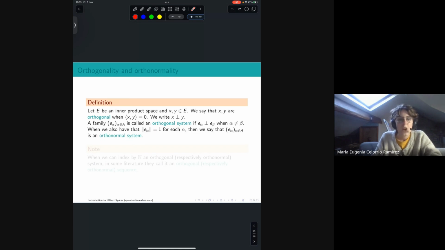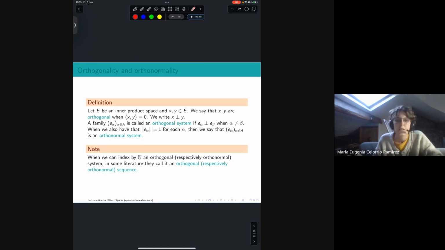When we also have that the norm of all those elements is 1, so they are normalized, we talk about an orthonormal system. So whenever you see orthonormal, it means that the elements are orthogonal between themselves and they have norm 1.